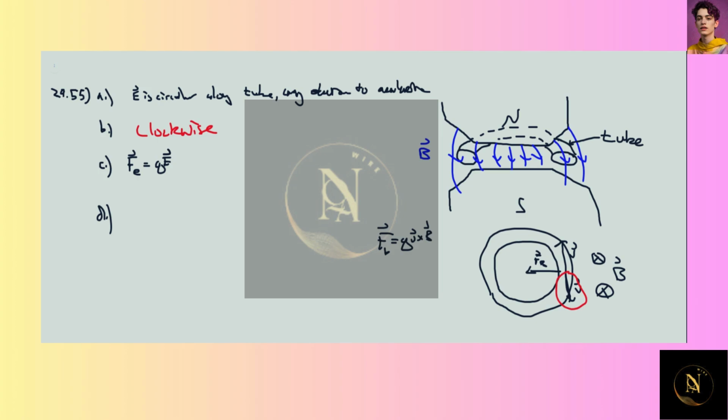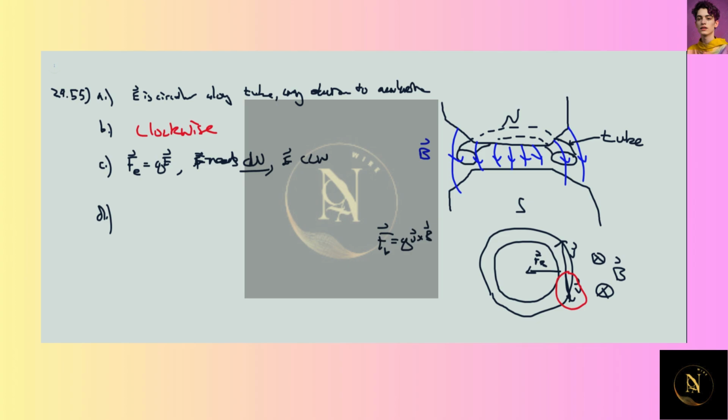To accelerate them, F needs to be clockwise, along the direction of their motion, which we already said was clockwise. And if F needs to be clockwise, that means the E produced needs to be counterclockwise along the path.